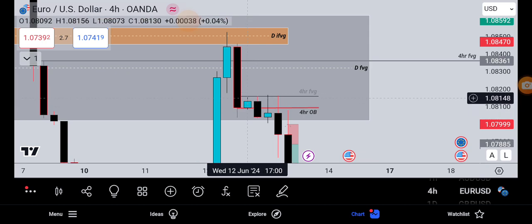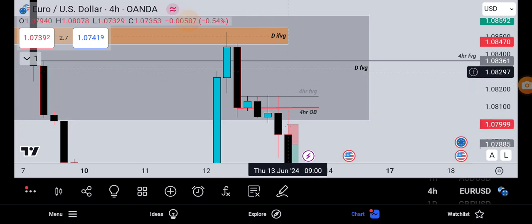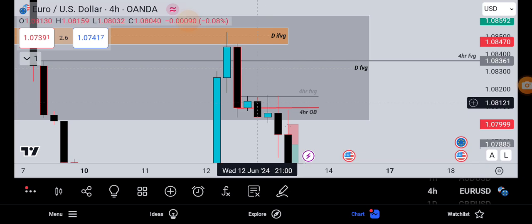Then after the fair value gap had been created, I saw this other next candle being a bearish engulfing candle. And what do I mean by it being a bearish engulfing candle? You can see it closed bearish after it had cleared this previous candle's high, and also you can see it closed below the opening price and the closing price of the previous candle.